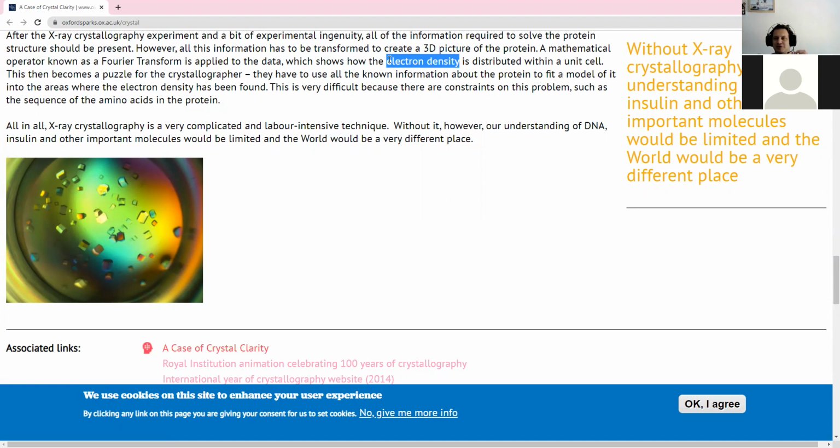It has to be perfect though. It has to be a perfectly arranged crystal. If it's not, you'll get some weird funky shape. The electron density won't work. But once you know this electron density cloud, you can send it off to a supercomputer and it will give you an image of what the protein actually looks like.